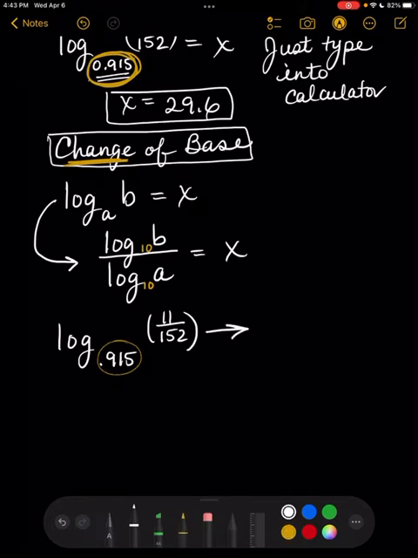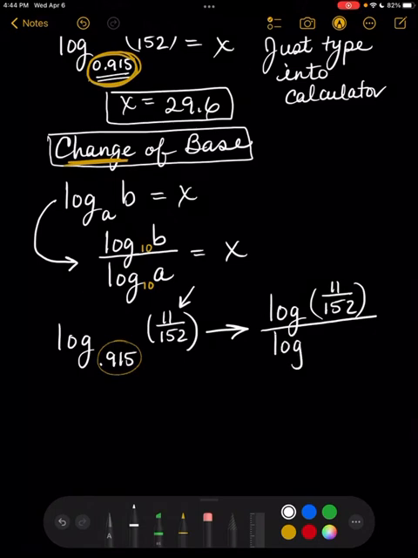So log base 10 of the top number, log of 11 over 152, okay? And then I'm going to divide by a log base 10 again, but I'm not going to write it, of 0.915. And what I want you to notice is that when we type it like this on the calculator, you are still going to end up with this answer, okay?